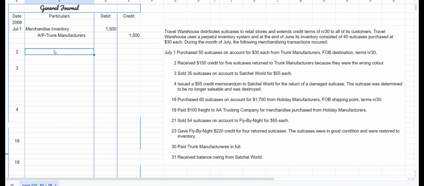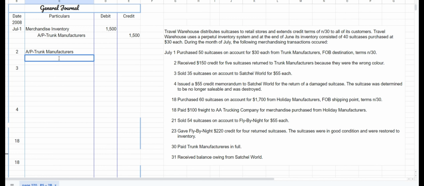Received $150 credit for 5 suitcases, returned to trunk manufacturers because they were the wrong color. So when you are the one receiving the credit, well, you don't have to pay them as much. So the debit account is accounts payable, trunk manufacturers, because they're lowering the amount of money that you owe them.